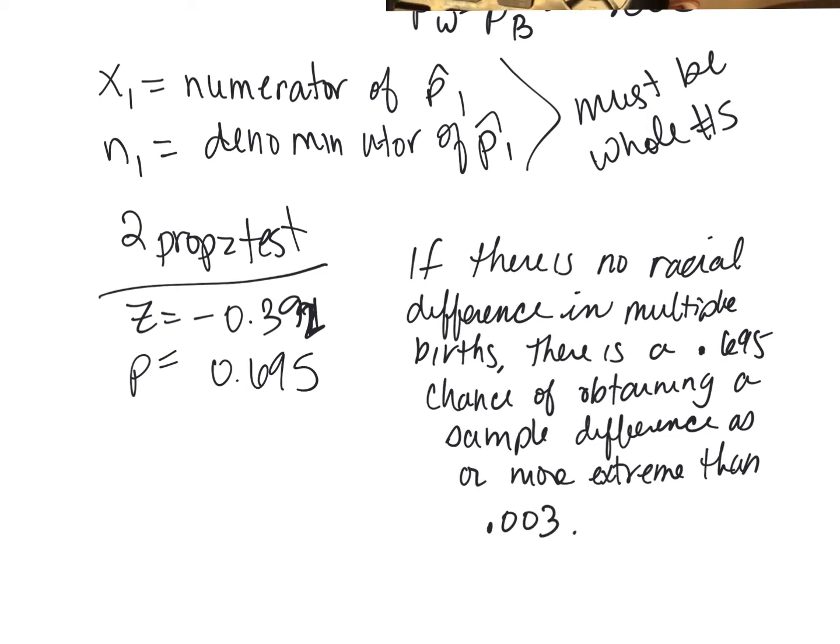Right? That was the 0.033 minus the 0.03, 0.003. Okay? Which is very likely, right? A 69% chance of that happening. We have to remember that the p-value is how likely it is that this is just sampling variation. So if it's high, that means there's no reason to believe it's not the null hypothesis.